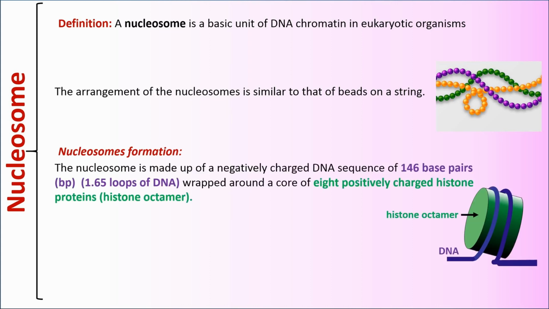The nucleosome is made up of a negatively charged DNA sequence of 146 base pairs, or 1.65 loops of DNA, wrapped around a core of 8 positively charged histone proteins, or histone octamer. Nucleosomes are the fundamental building block of DNA packaging.